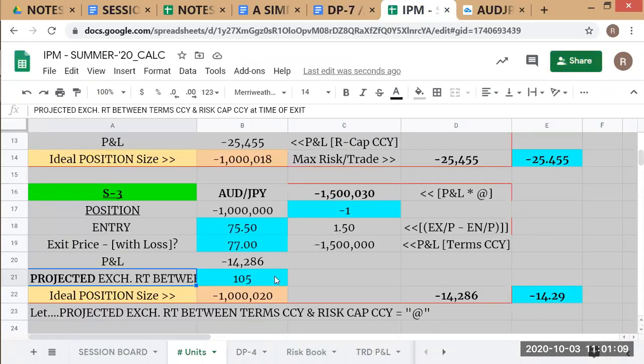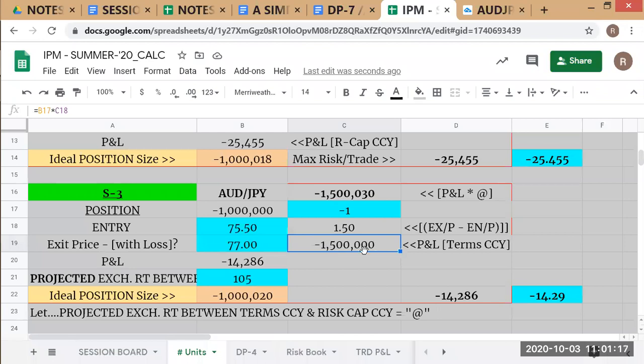So you have to project that when this stop is triggered, you realize a loss of this much in P&L currency, in terms currency. But that's not good enough for you. All losses you have to understand in risk cap currency. The loss in risk cap currency is figured out by dividing this by the terms currency to risk cap currency exchange rate.